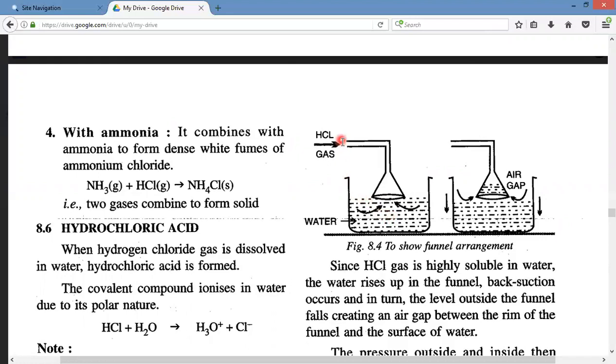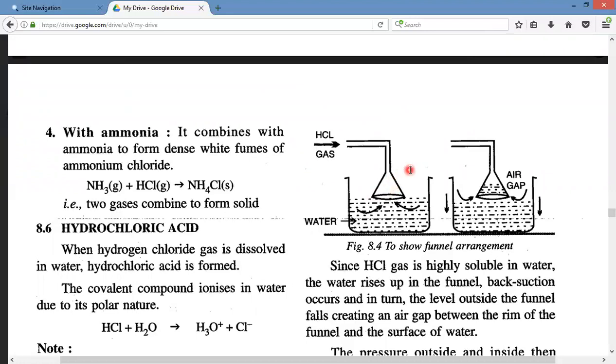As the HCl gas moves from the delivery tube to the funnel, and through the funnel to the water, the pressure inside the delivery tube and funnel lowers, decreases.